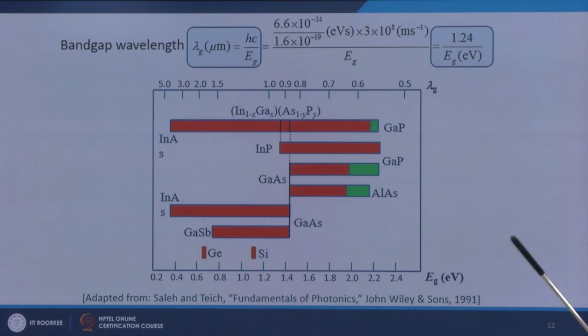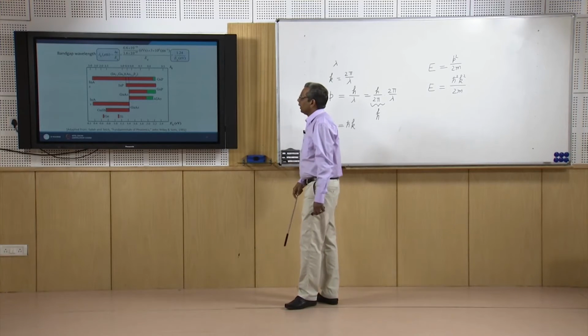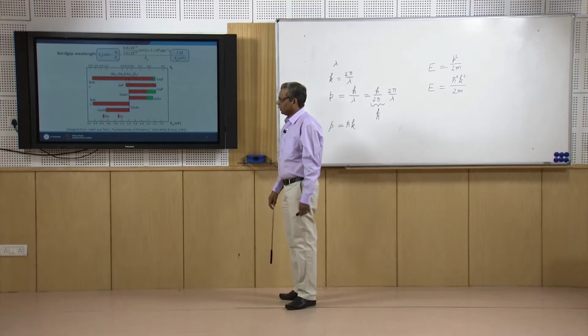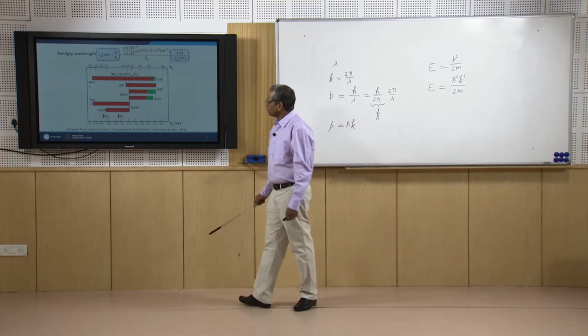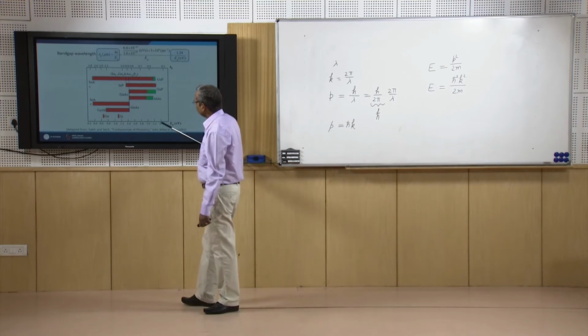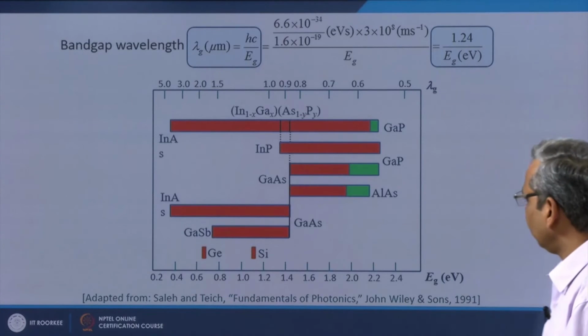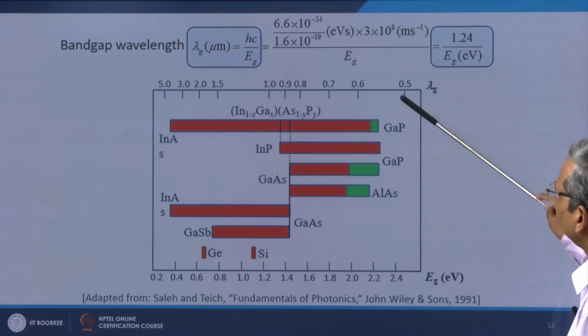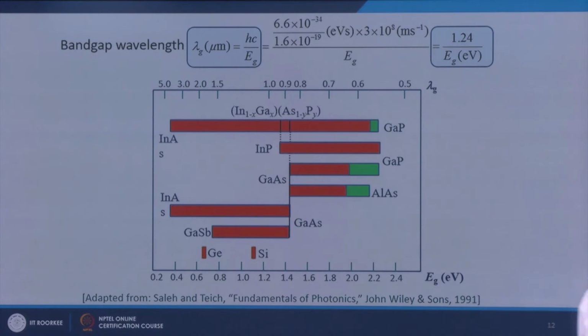So, you can immediately find out the band gap wavelength if you divide 1.24 by Eg, where Eg is in electron volts, and then the wavelength you will get in micrometer. So, you can see that you can have a variety of Eg and correspondingly different band gap wavelengths.